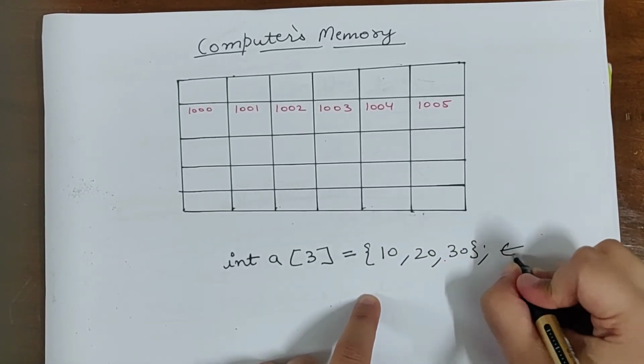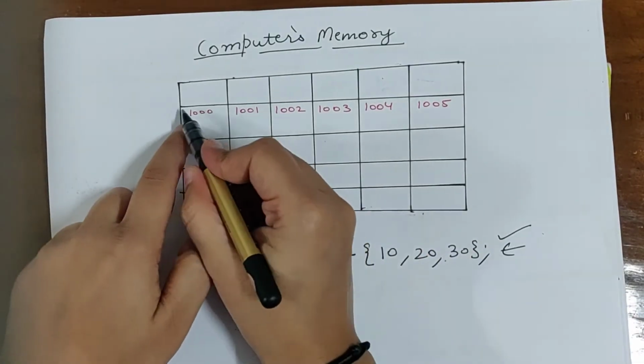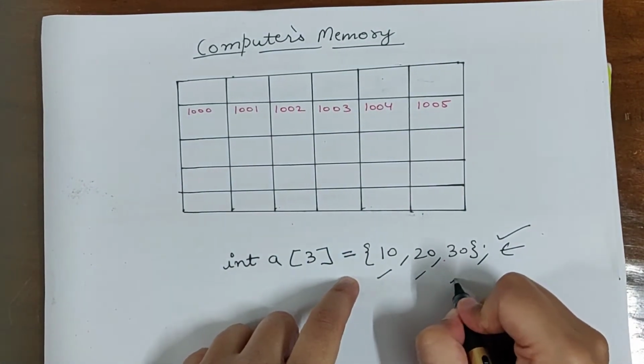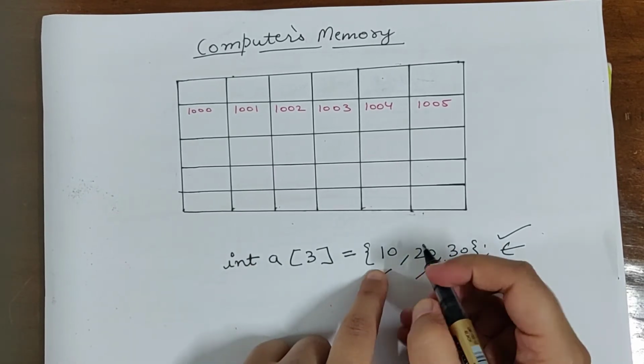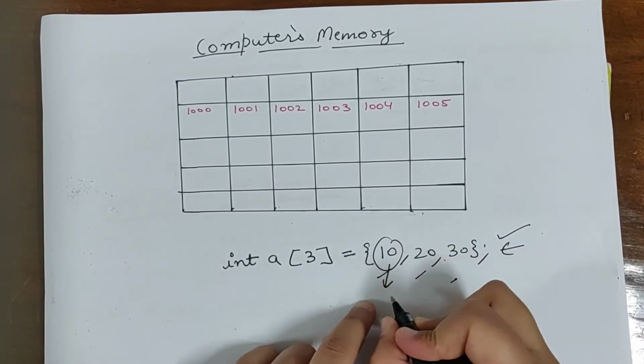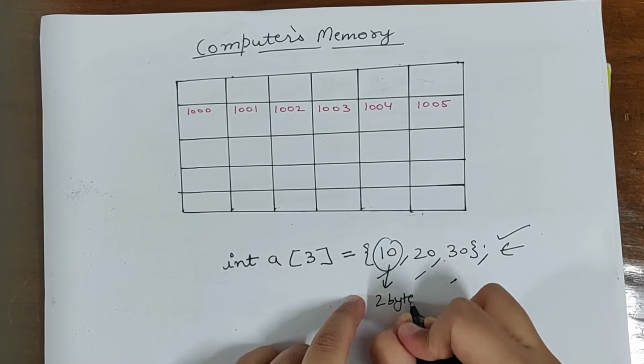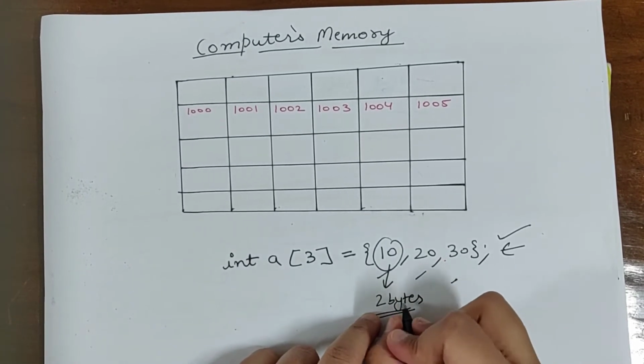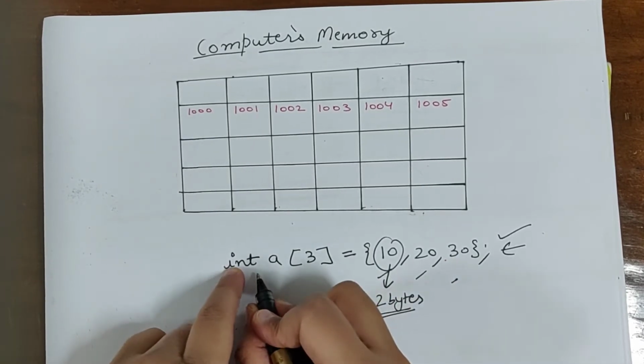When the compiler executes this line, it will block 3 blocks for these students' roll numbers. Since it is integer data type, it will take 2 bytes. Some compilers will take 2 bytes, some will take 4 bytes. I am assuming that it takes 2 bytes in computer memory since it is an integer data type.